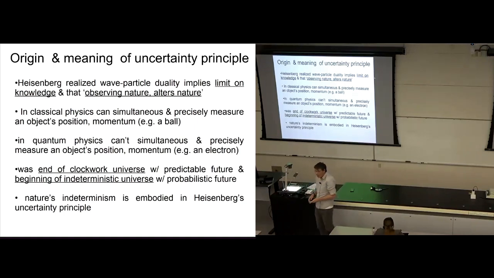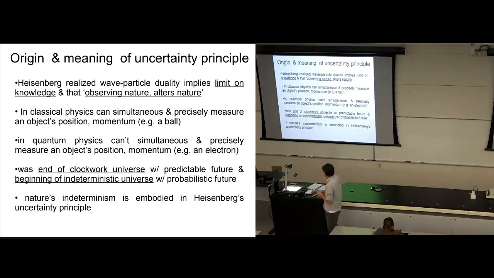What he recognized, he's the first to realize this, is that the fact that matter has this wave-particle duality, the fact that light has this wave-particle duality, implies that there's a limit on our knowledge of things in the physical world.